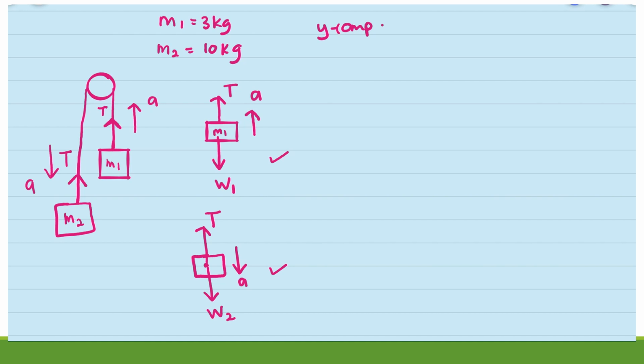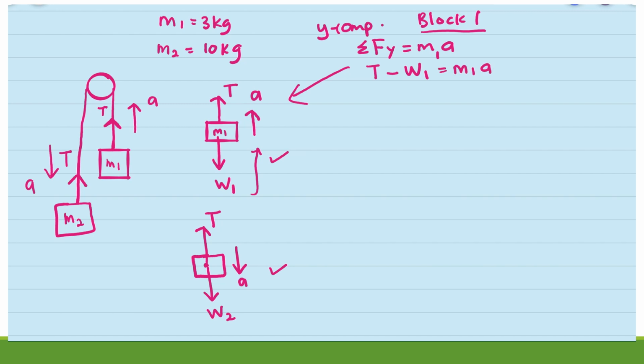And we use Newton's second law, summation Fy equal to ma. This is block 1 first, so I label M1. For this case, tension is in the same direction as the acceleration. So T minus W, minus because W is in the opposite direction to A, equal to M1A. This is equation number 1.